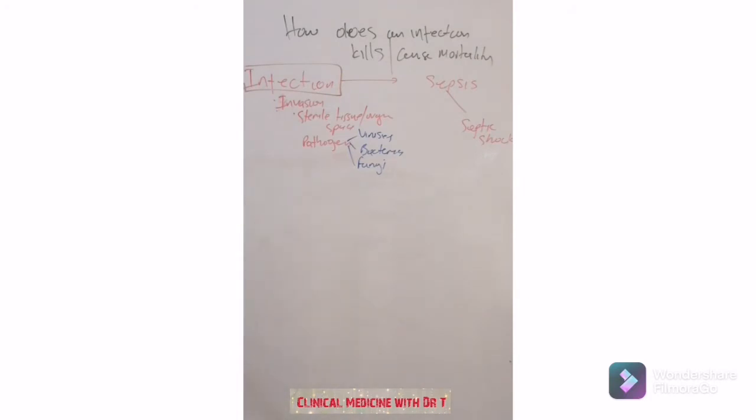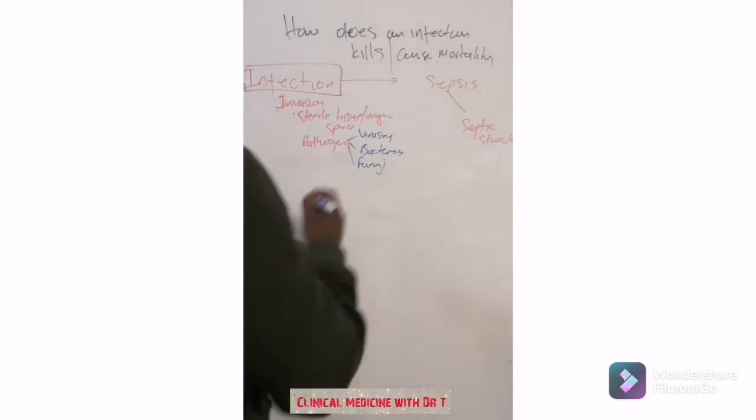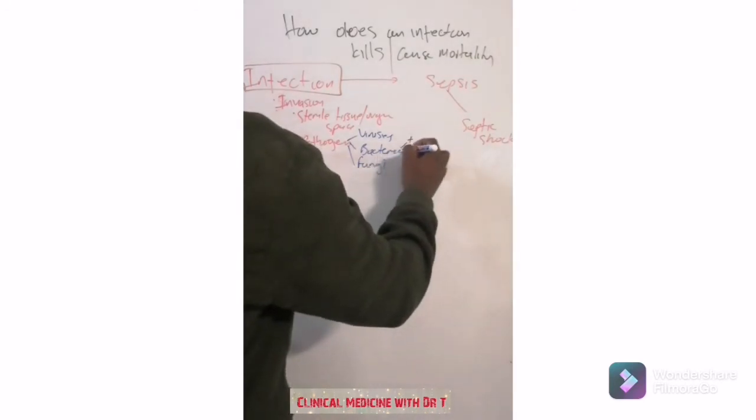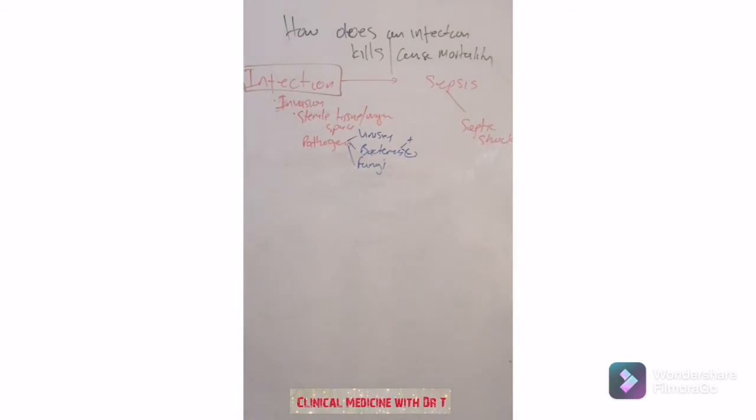We're not going to get into microbiology, but we know that bacteria can either be gram positive or gram negative. We've got anaerobes, we've got cocci, we've got bacilli, and all of that.